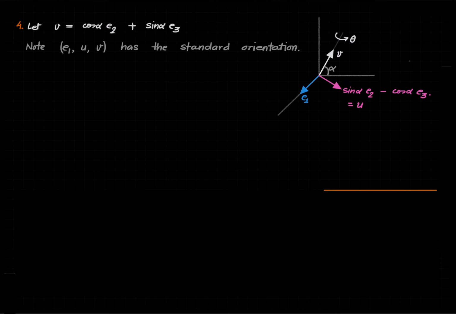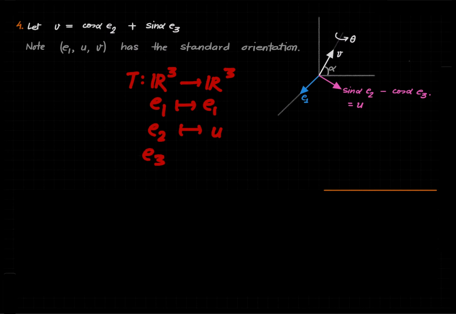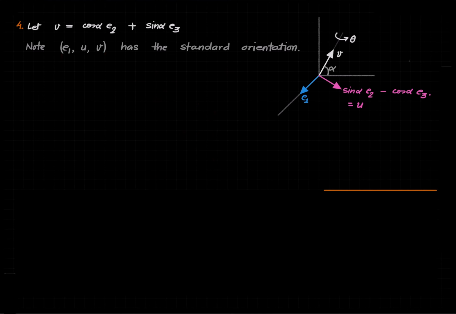Just follow the definition. Consider the linear map T from R3 to R3, which takes E1 to E1, E2 to U, and E3 to V. And we know the description of E1, U, and V very precisely. So you can compute the determinant of T, and you will find that the determinant is positive. In fact, the determinant will be 1. So this is certainly correctly oriented, or the orientation of this particular ordered basis matches with the standard orientation on R3.